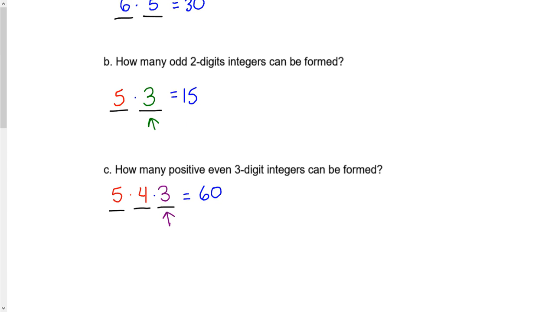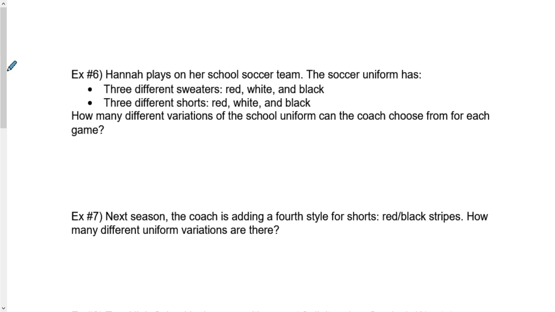Oh, never mind, you have some more. Hannah plays on a school soccer team. The school uniform has 3 different sweaters, 3 different shorts. How many different variations can the coach choose from? Well, there's 3 different kinds of shirts or sweaters, and there's 3 different types of shorts.